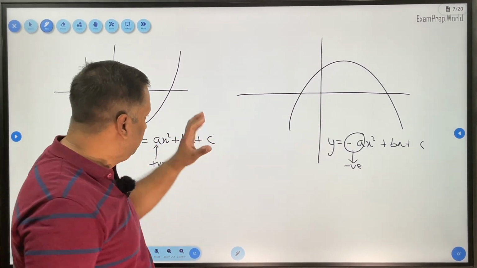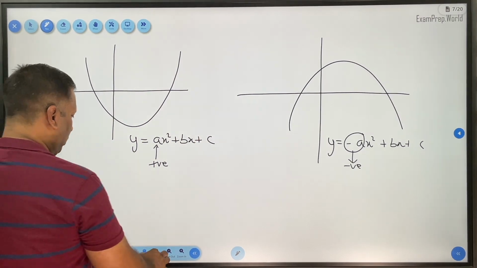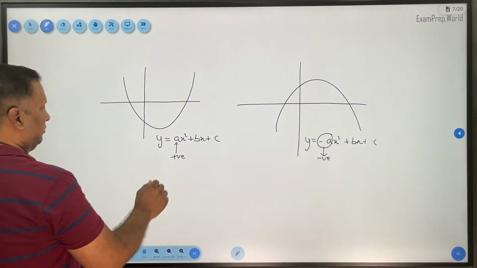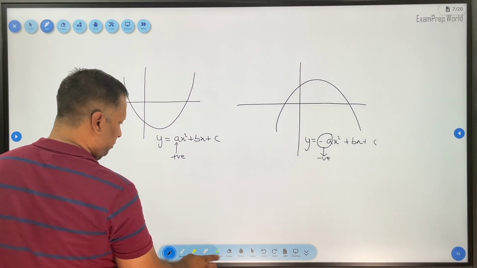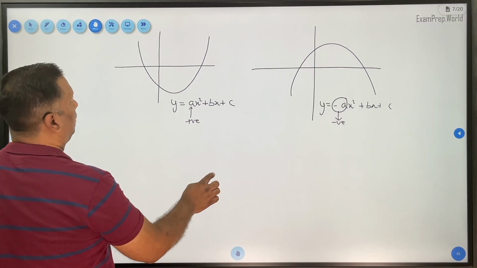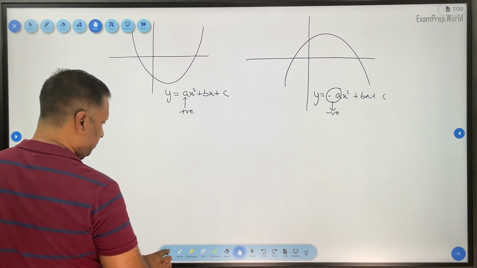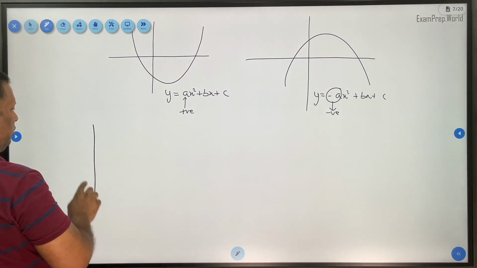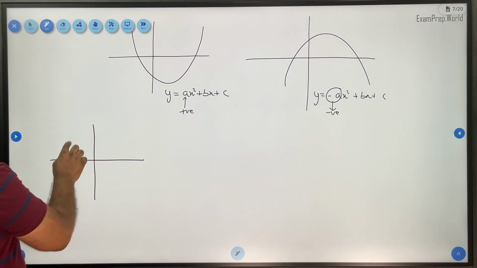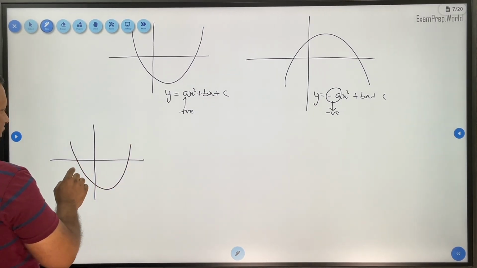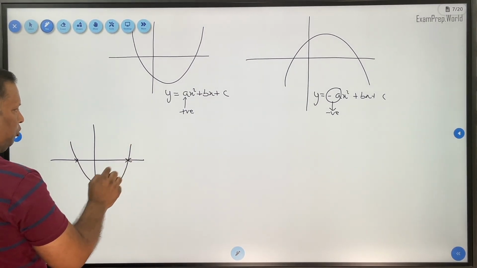Now in this you can have subshapes. Let me show you the possible types of shapes in this subclassification. You can have an upward opening quadratic which intersects the x-axis at 2 points.